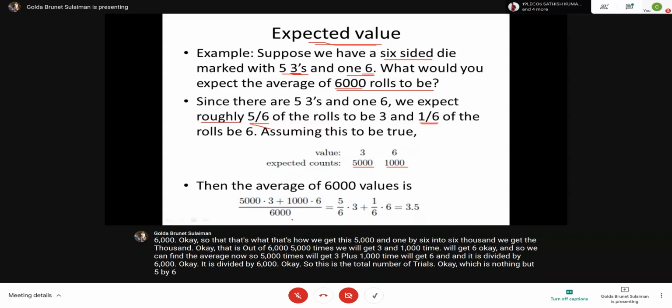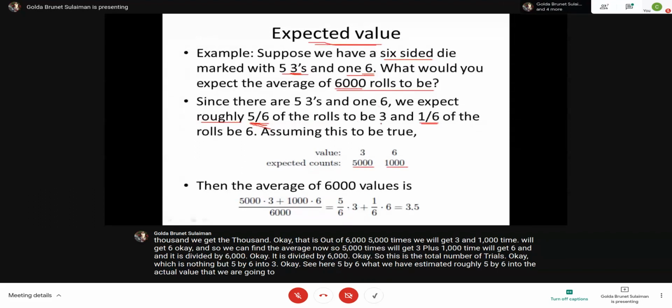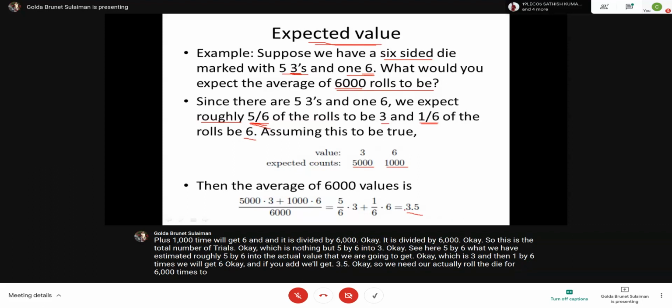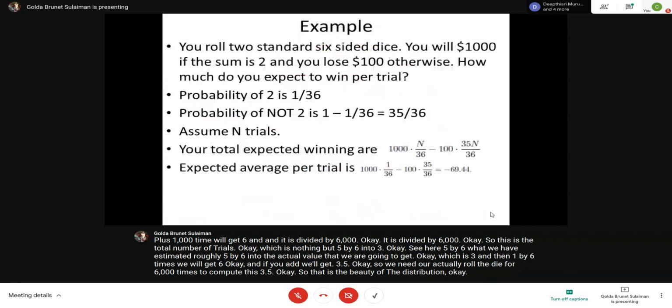That is nothing but 5 by 6 into 3, where 5 by 6 is what we estimated roughly, into the actual value we are going to get, which is 3, and then 1 by 6 times we get 6. If you add, we get 3.5. So we need not actually roll the die 6,000 times to compute this 3.5. That is the beauty of the distribution.